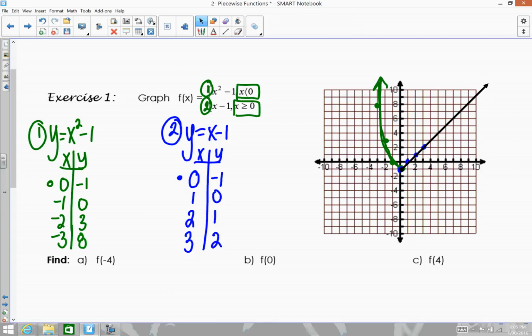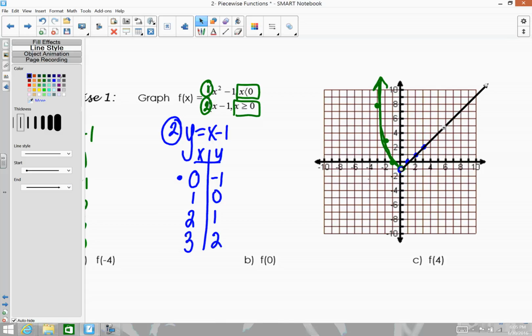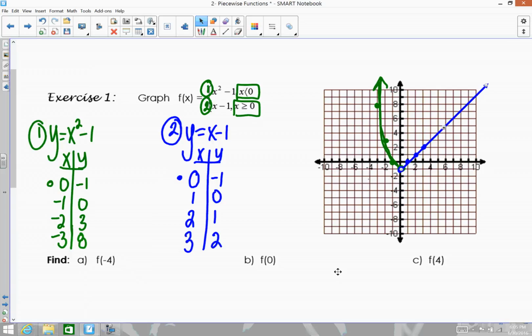And I make sure I put an arrow to the right on that because I want x being greater than 0. So I want to include all of those positive values. So there's my function. I can label it f of x, partially a parabola and part a line. So there's a piecewise function. This is continuous because there's no break in the graph. It just keeps on going.